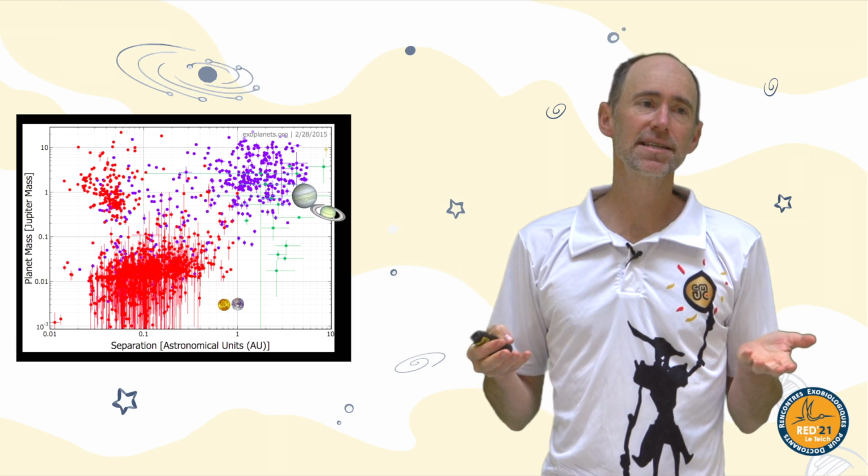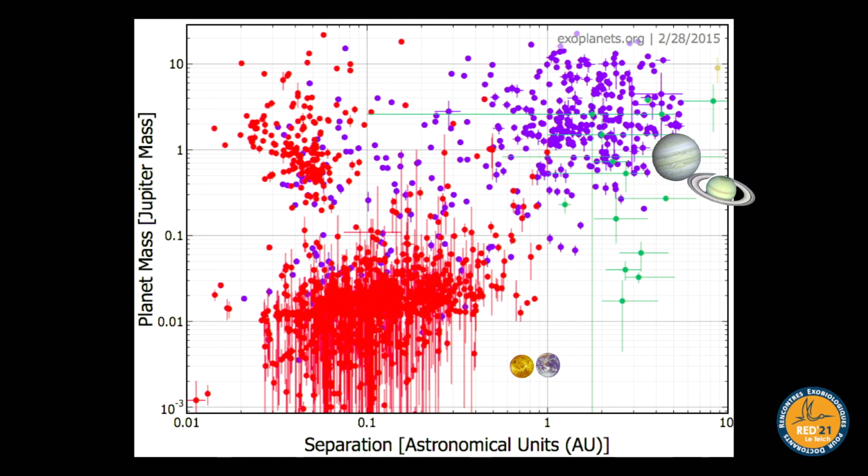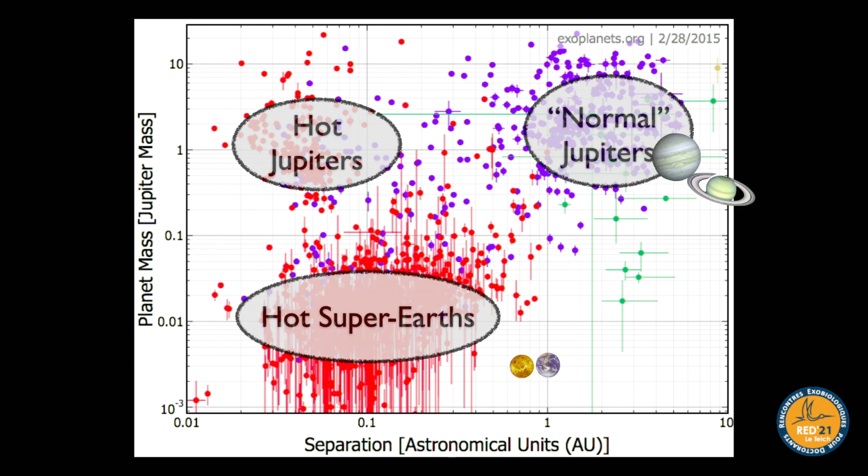But in terms of all the planets that we have found, there's more than 4,000 of these guys, and you can see 3 distinct clumps here. And so, what are these clumps? The one on the top left are the hot Jupiters. These were the first exoplanets that were found, because they're easy to find.